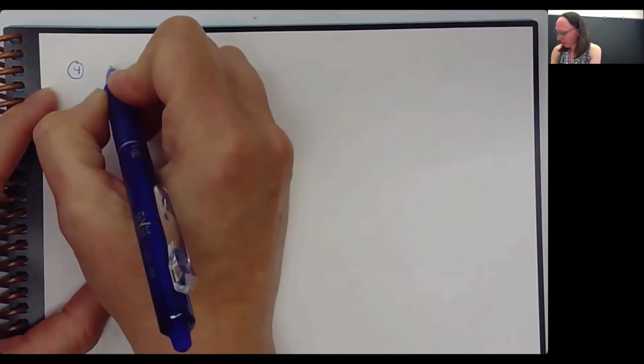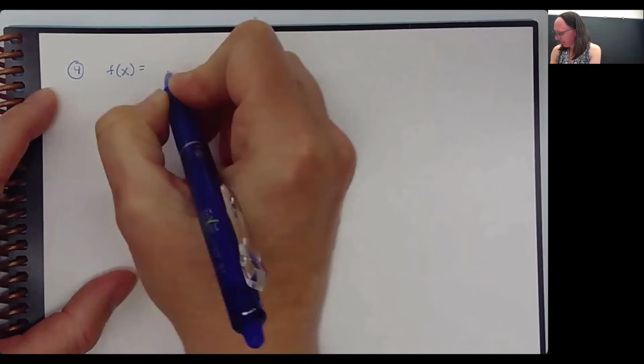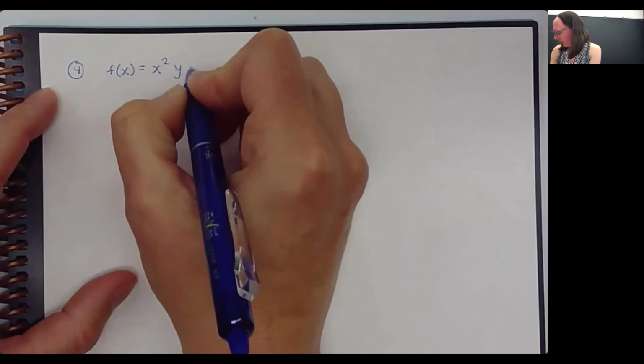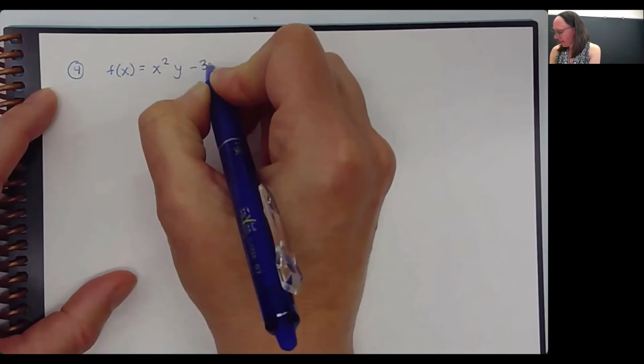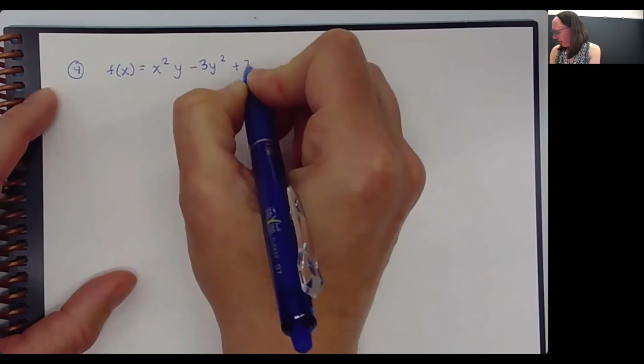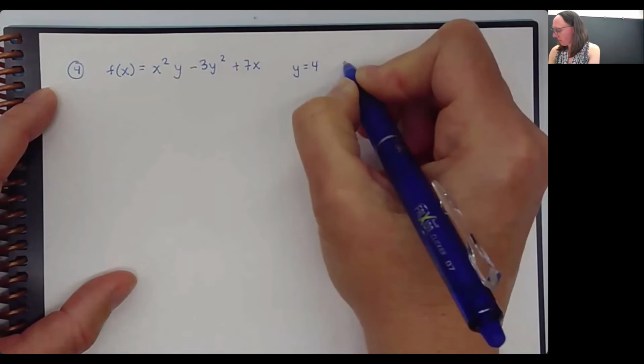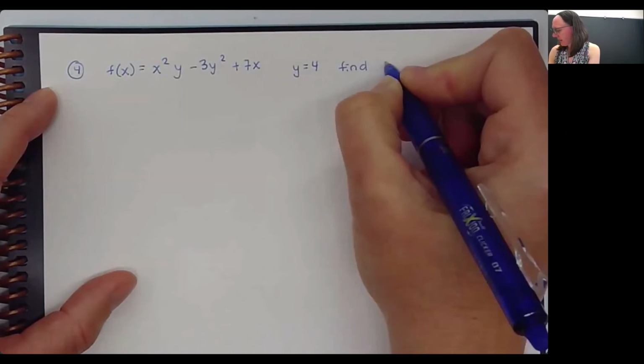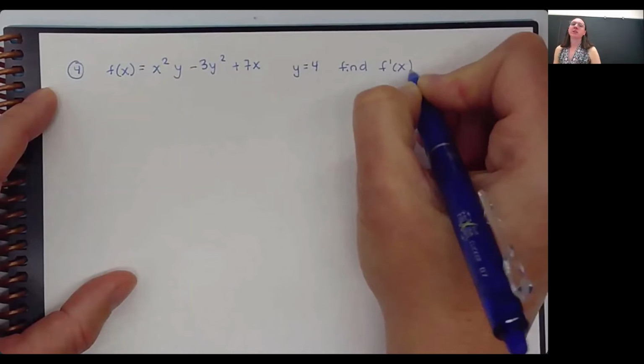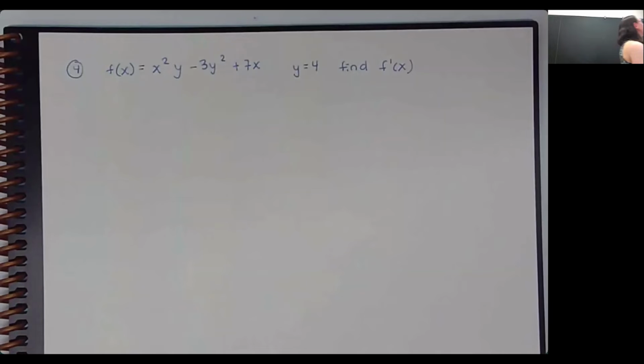So number 4, I've got f of x is equal to x squared y minus 3y squared plus 7x. When y equals 4, find f prime of x. I just want to pause for a second and name that.